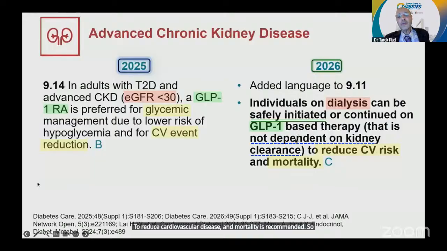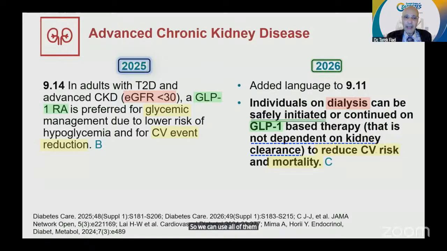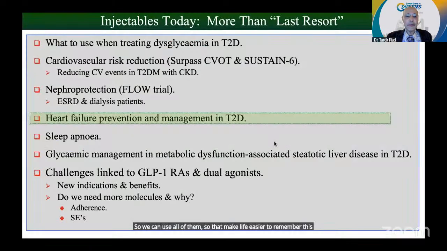So what are the GLP therapies which are not dependent on kidney clearance? The ones which are dependent are 2, which we don't use anyway. These are exenatide and lixisenatide. But the others are not dependent on kidney clearance. So we can use all of them. So that makes life easier to remember this point.